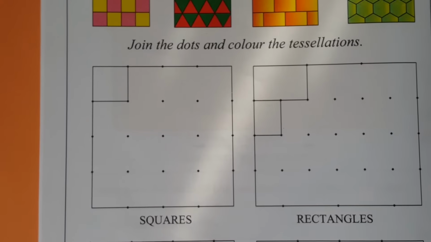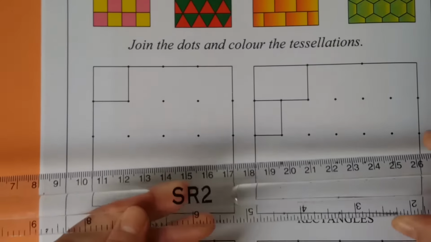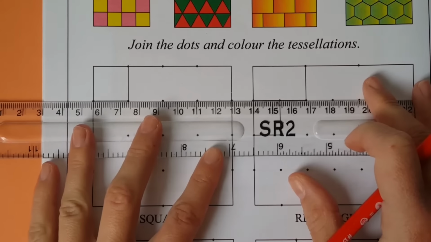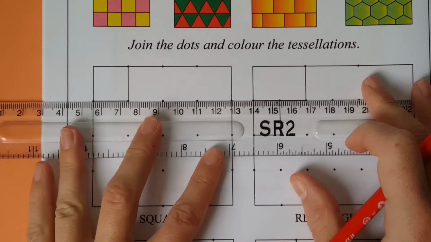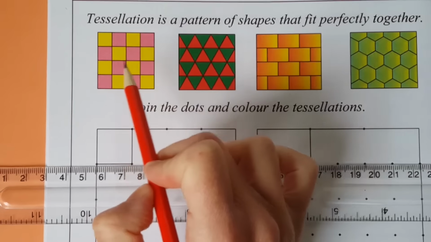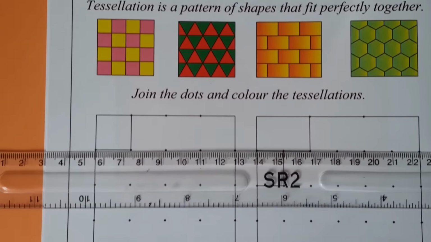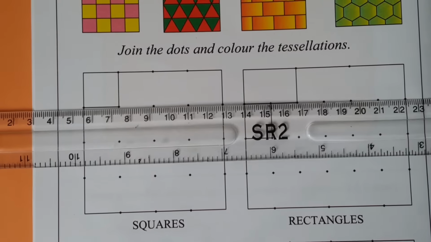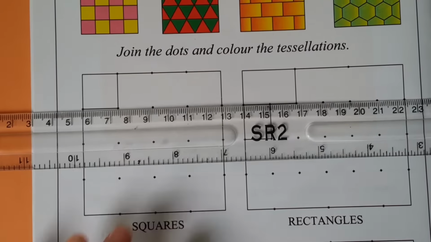Now let's take out our ruler and pencil. So let's refer to our point of reference, and I can already see that this tessellation has 3 horizontal lines. So let's complete those.